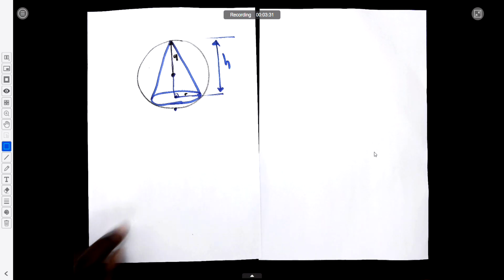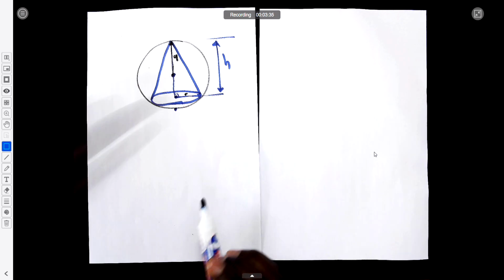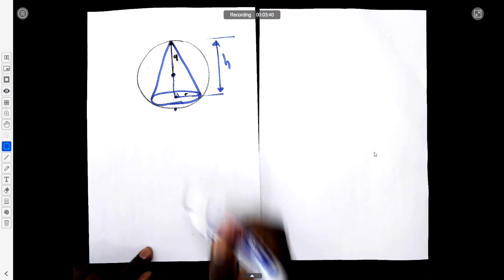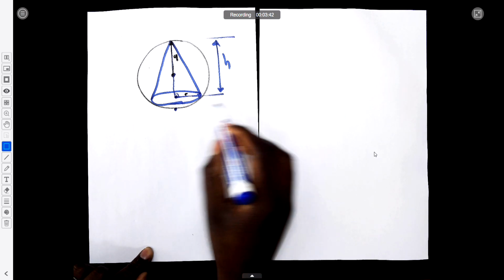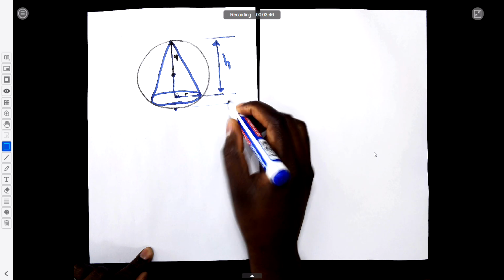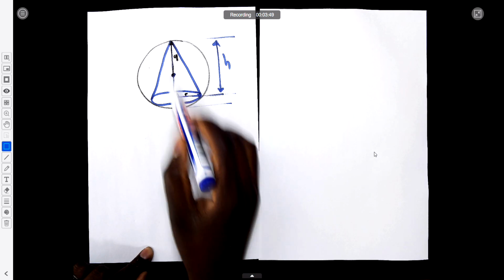So I have the height of the cone. But there's this portion here that will be left out. Let's say if it is cut out, there will be that small portion which will be left out. So this portion here, we have to subtract out to get this h here.